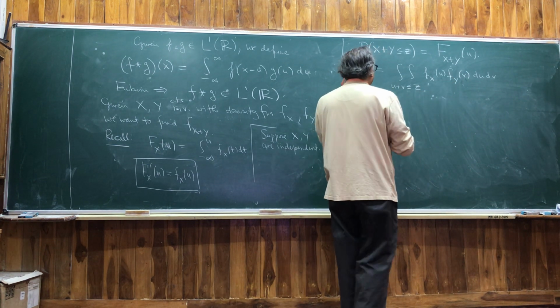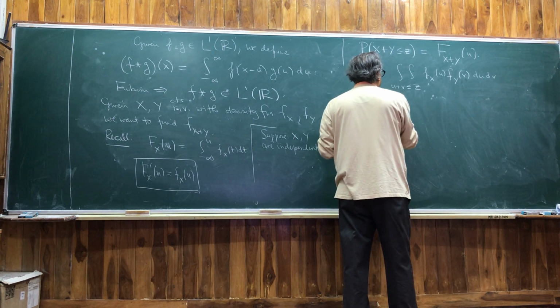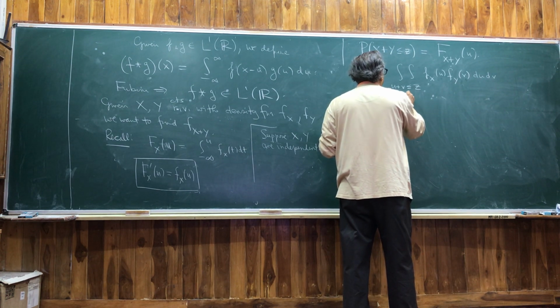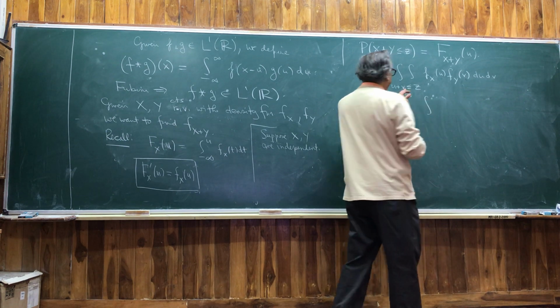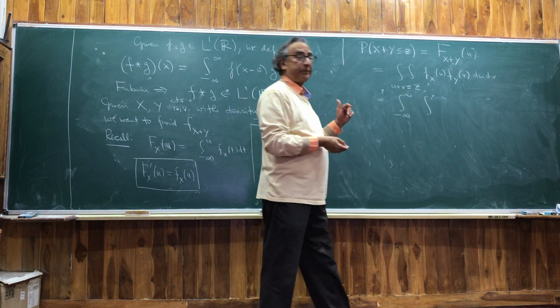When we do that, you can rewrite this. You can go from minus infinity to infinity for u, but v now has to go from minus infinity to z minus u.